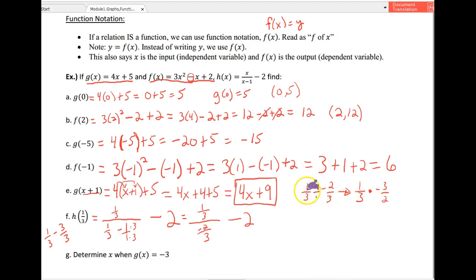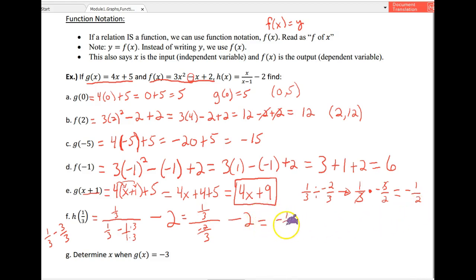Okay, so the way we divide fractions is copy dot flip, multiply by the reciprocal. So now I see if anything divides out. 3 divided by 3 divides out. I multiply across the numerator. 1 times a negative 1 is a negative 1. Multiply across the denominator. 1 times 2 is 2. So you end up with a negative 1/2.